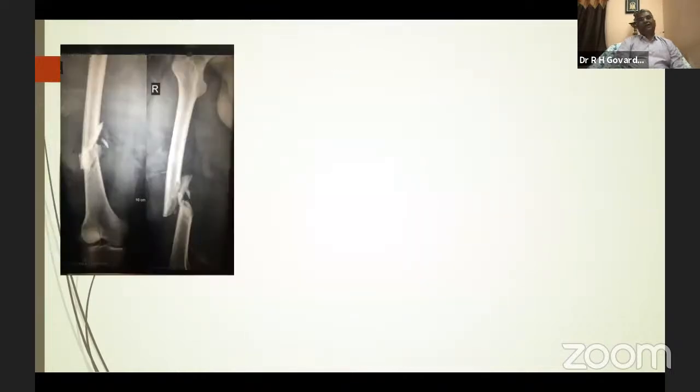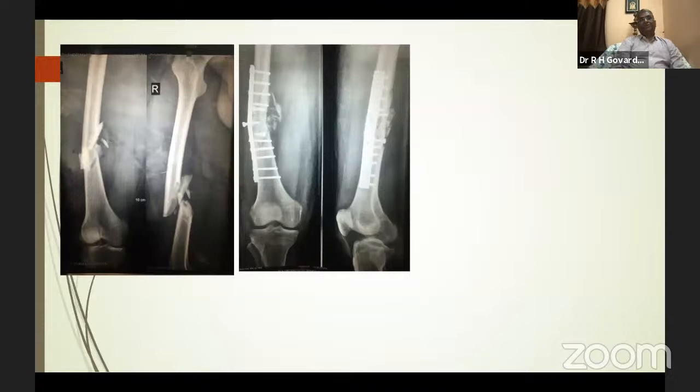This is a mid-shaft fracture with a lot of comminution, which has been fixed with a plate. You can see that on the plate, proximal screws, there are only 2 screws above the level of the topmost third fragment.